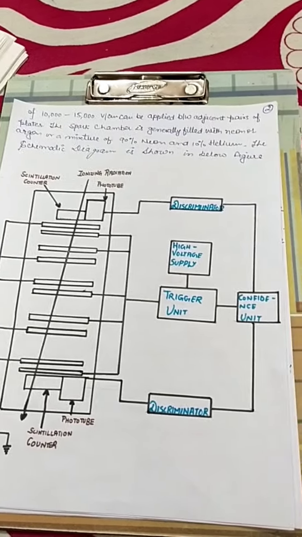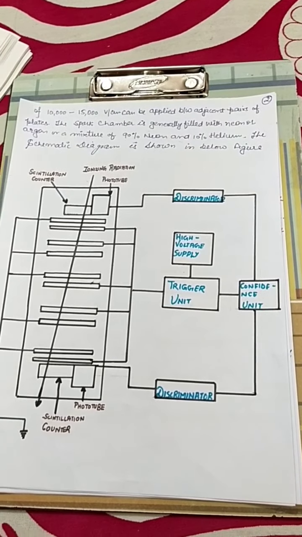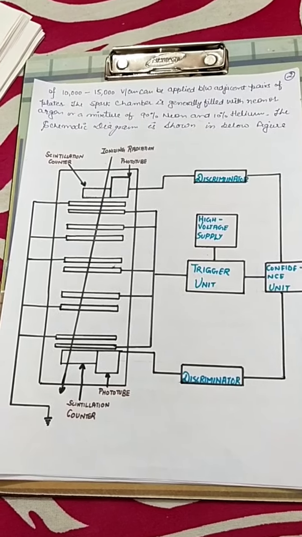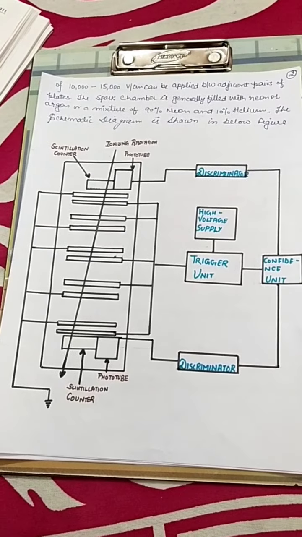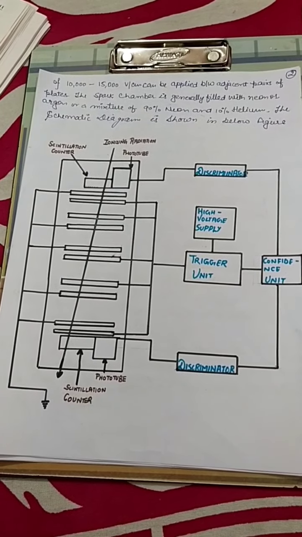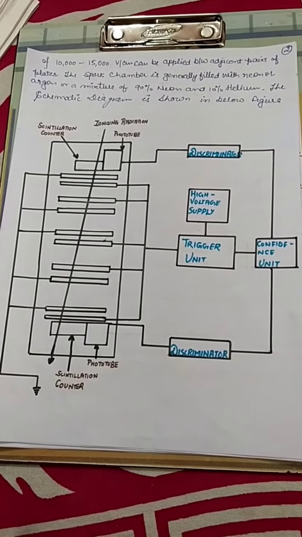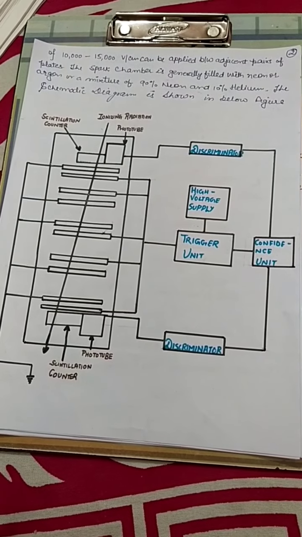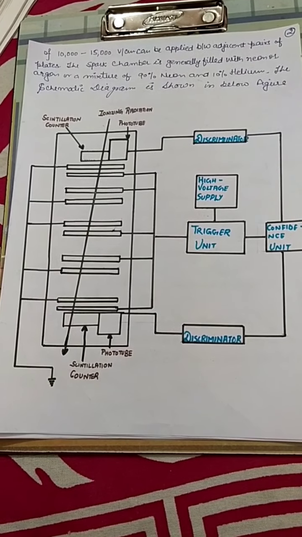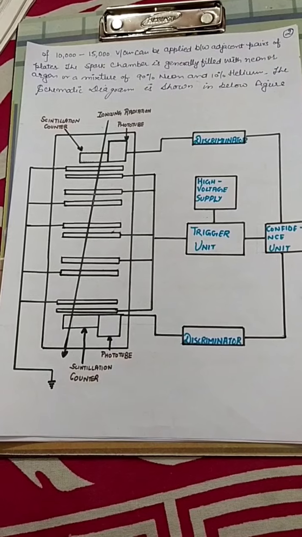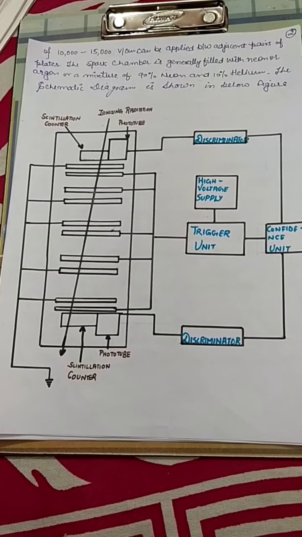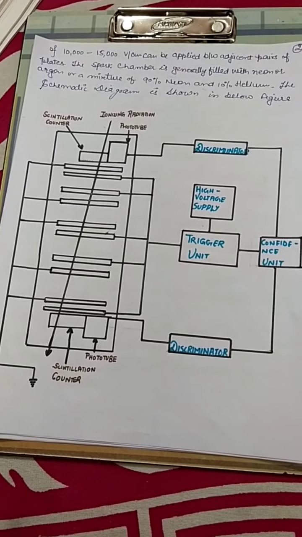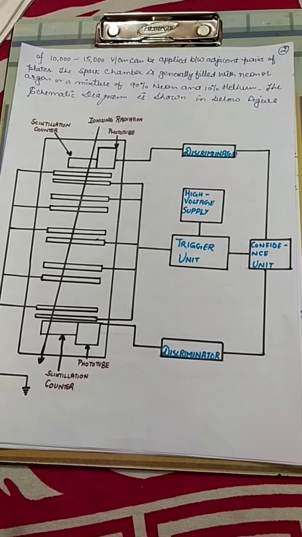Construction of the spark chamber. You see it in this diagram. The spark chamber consists of parallel plates of conducting material like aluminium, spaced about 0.2 cm to 3 cm apart. The number of plates may range from a few to 100 or more depending upon the nature and purpose of the desired experiment.